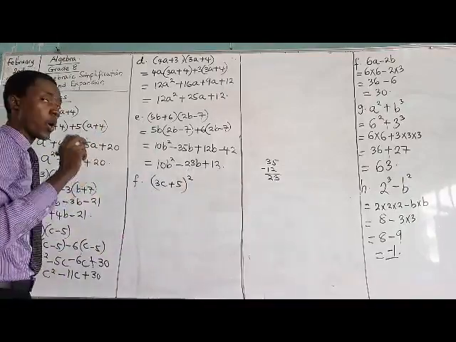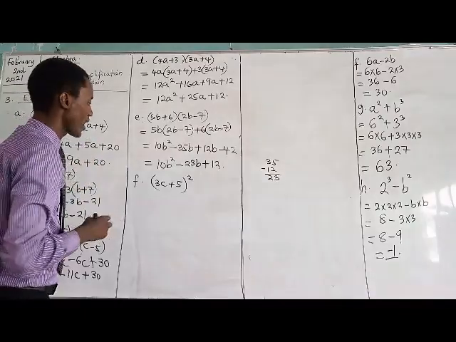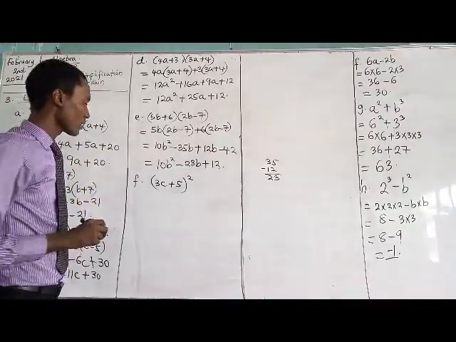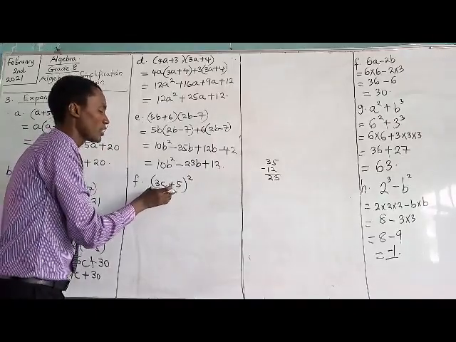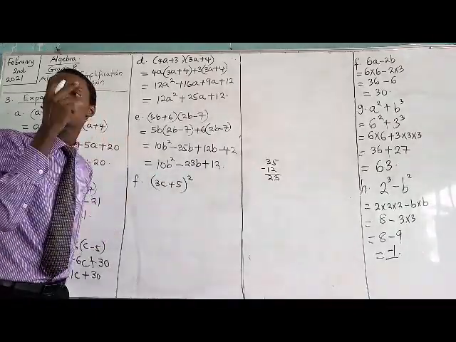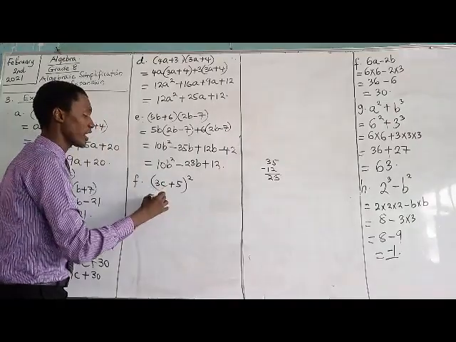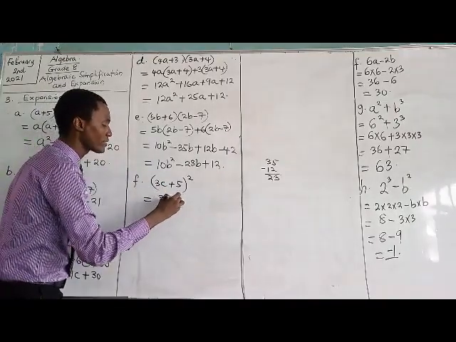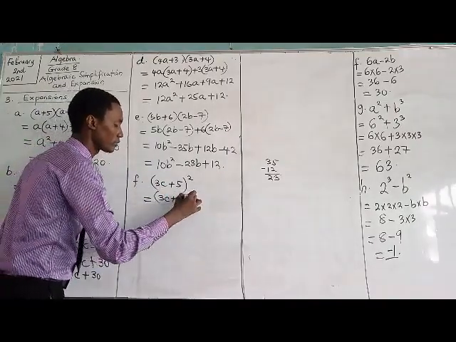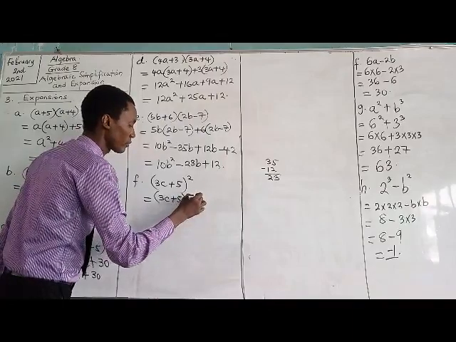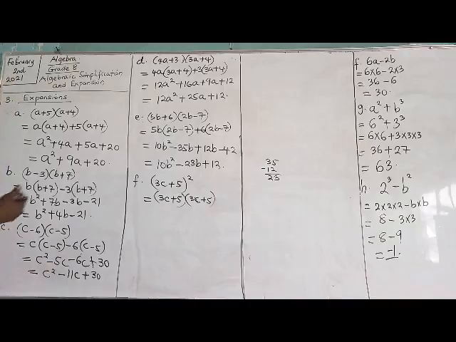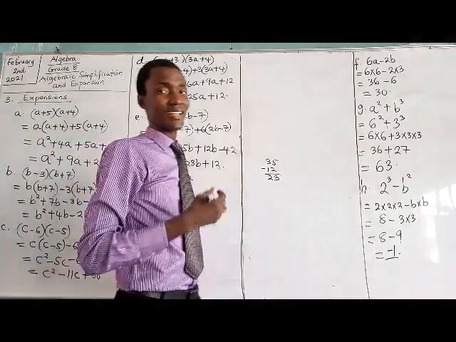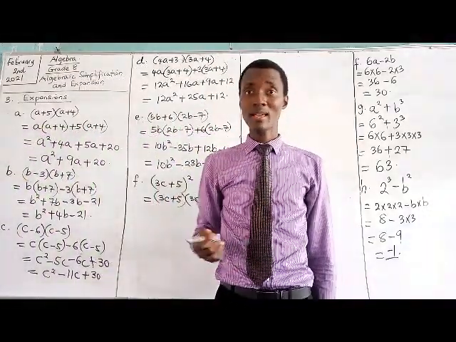3c plus 5 all squared. How do you handle this? Squared suggests that this bracket is occurring twice. So in testing a knowledge here, you are expected to write this twice. That's the idea. By the time we come to your grade 9, there's a technique I usually teach my grade 9 students.